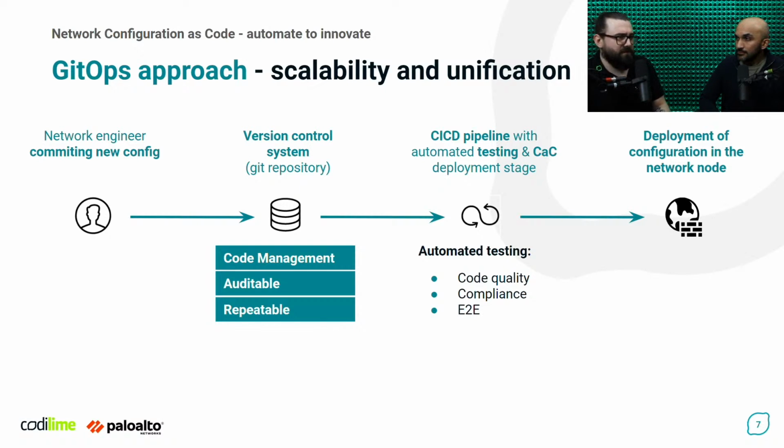Also, the last test that we present is the end-to-end test, and it is very important because we can test the configuration on a very similar environment, similar for example to our production, and deploy the changes and see how they behave through different scenarios.